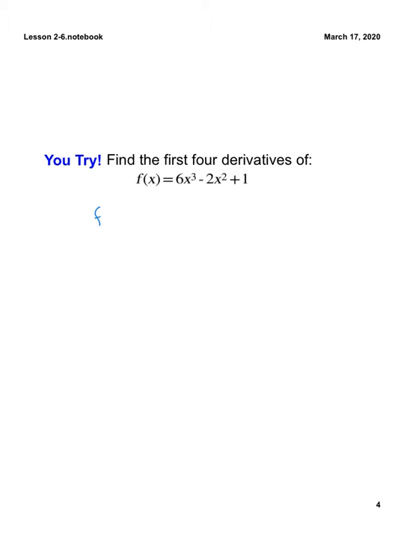Okay, so f prime of x is equal to 18x squared minus 4x. So this is our first derivative.